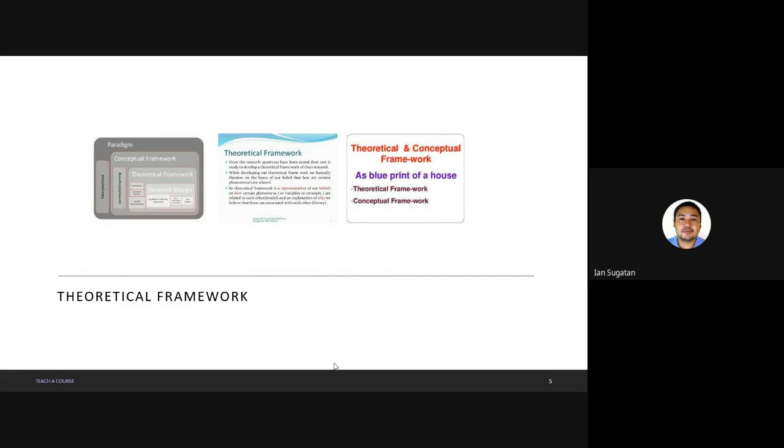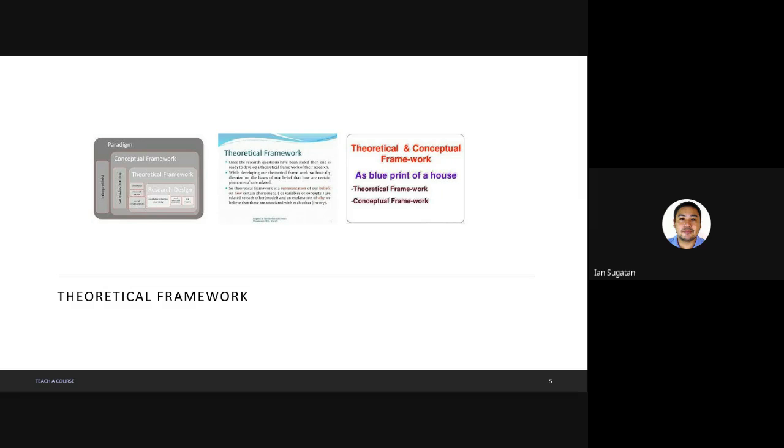So for your theoretical framework, guys, this refers to the structure that can hold or support a theory of a research study. So I think in your chapter 2, which is related literature, review of related literature, if you put, for example, a study of a person, which you refer to and put there, I think that is considered as theoretical framework. In descriptive studies and in a dissertation, which is the book done by doctoral degree students, while all of yours is capstone.